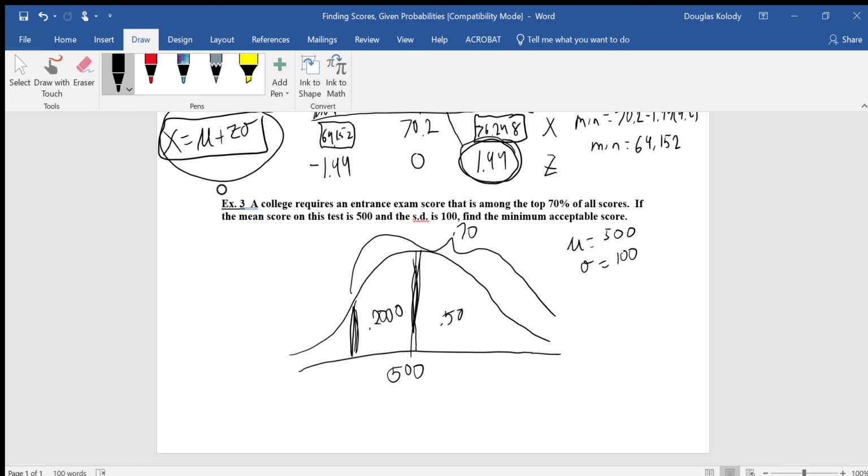So I need you all to look up the closest z-score to 0.2000. Do that right now. I'm going to do it myself. Here's my paper. I went down to 0.5, and I'm looking at 0.52 and 0.53. Look there with me.